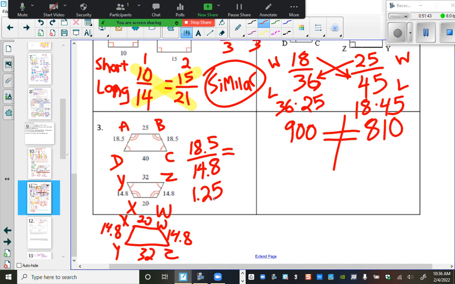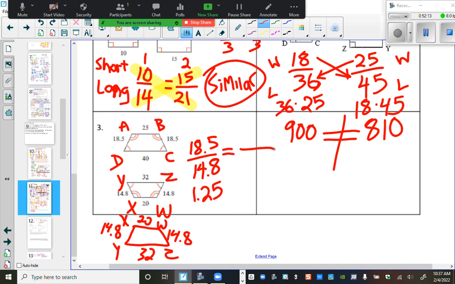I want somebody else, though, to give me another possible ratio that would work. I know you got it. I want to see if somebody else has it. So remember, the larger polygon's going above the smaller polygon.